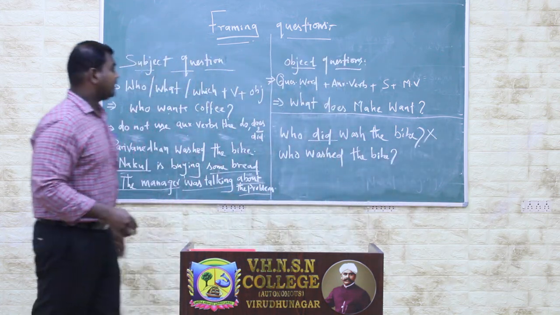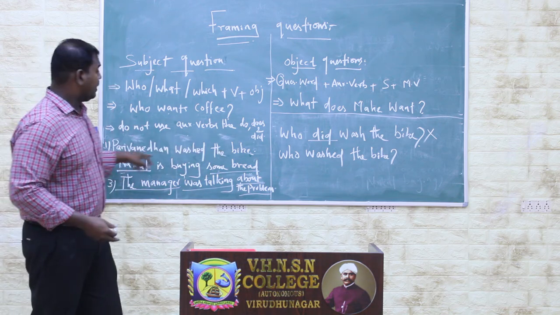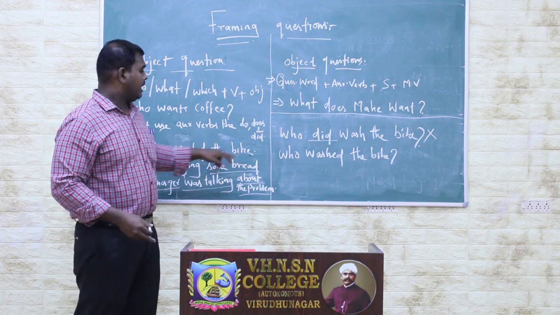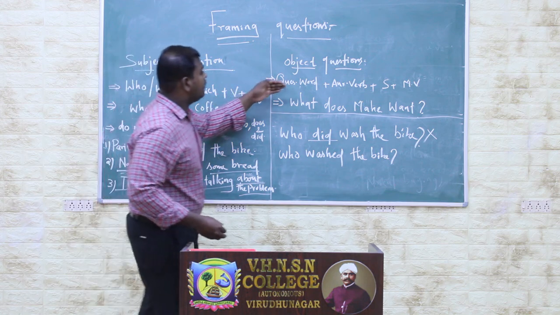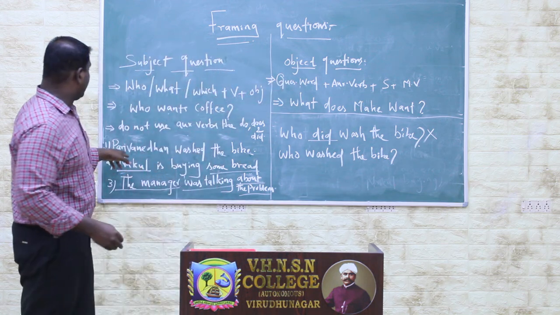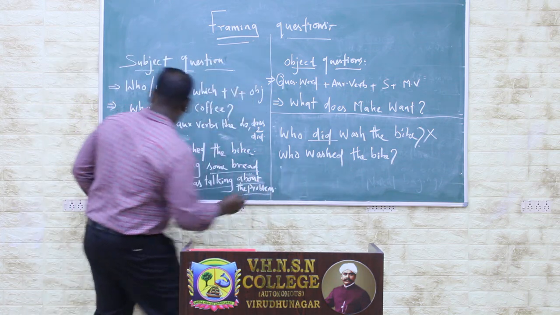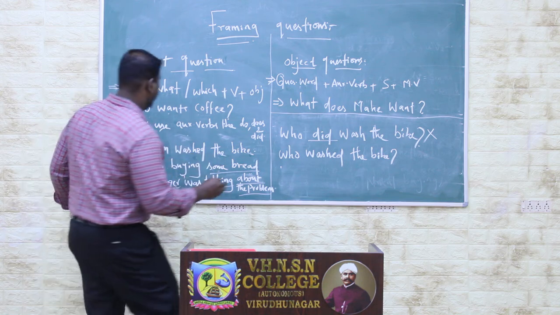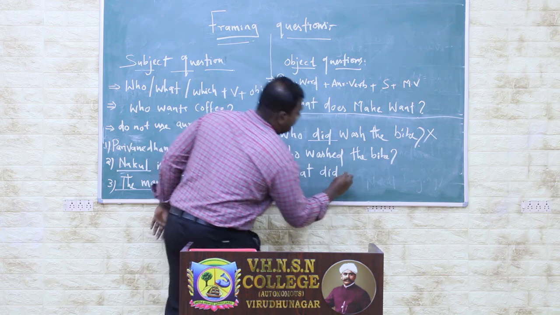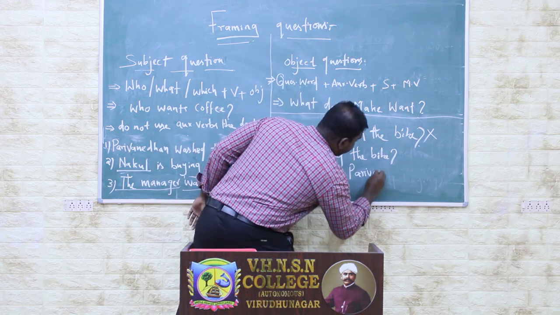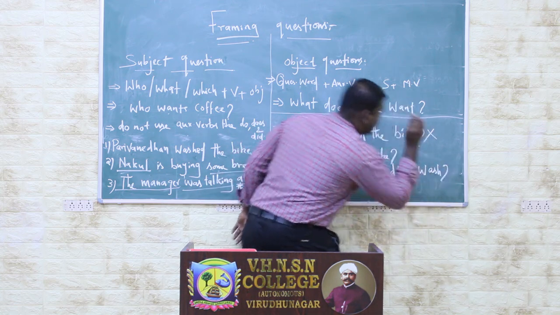Same thing while framing an object question for this sentence. What is the object in the sentence? The bike, it's a thing. By using this formula, we frame the object question: Parinandan was the bike, then what did Parinandan was.